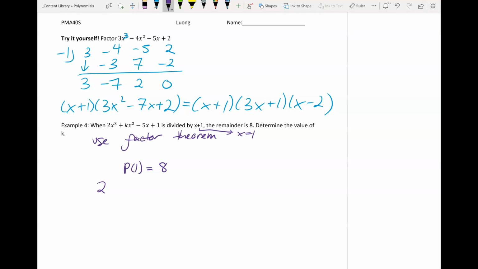But my x value is negative 1, so I'm going to plug in negative 1 into here on the left-hand side. And then I'm going to simplify everything and then try to isolate k so I can solve for it.